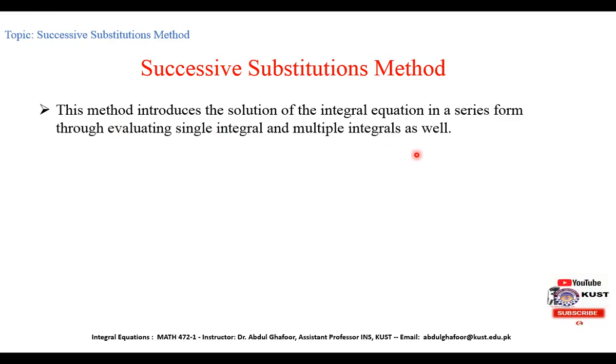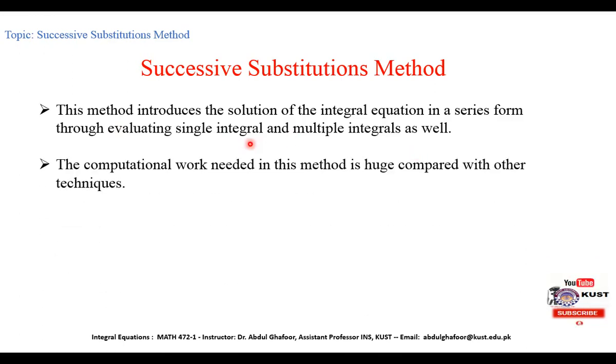Remember, there will be single and multiple integrals, so you should be mentally ready that the computational work needed in this method is huge compared with other techniques like ADM, modified ADM, the successive approximations method, the direct computation method, and so on.